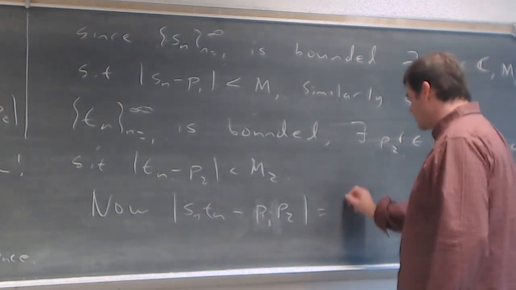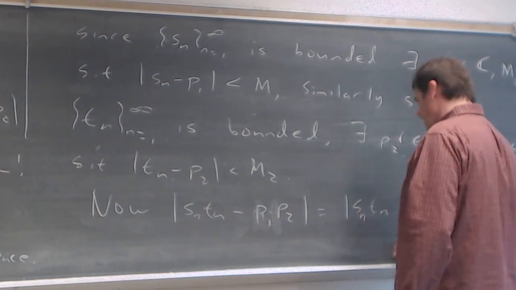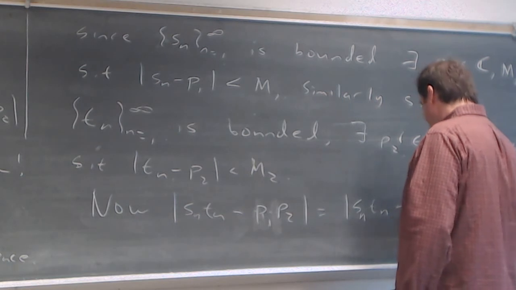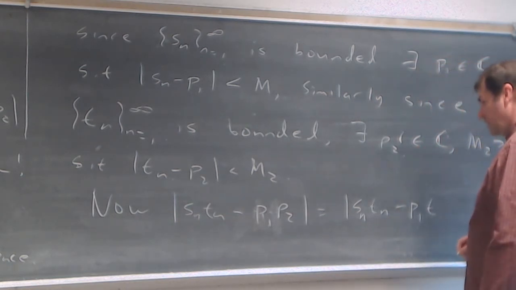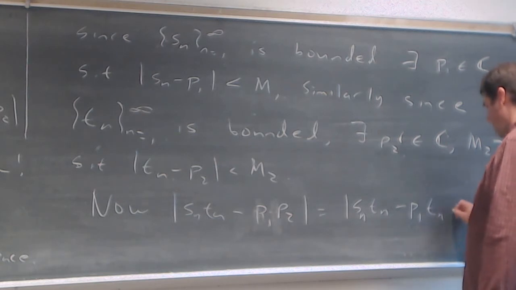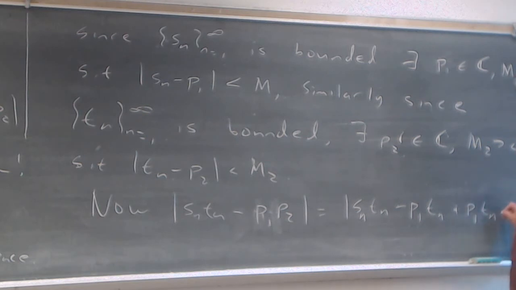What I'm going to do is say this is the same thing as the absolute value of S sub n, T sub n, minus P sub 1, T sub n, plus P sub 1, T sub n, and then minus P sub 1, P sub 2.